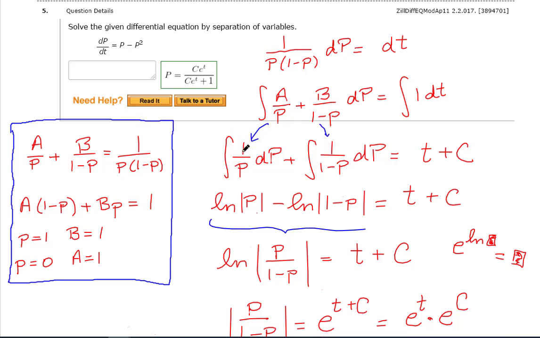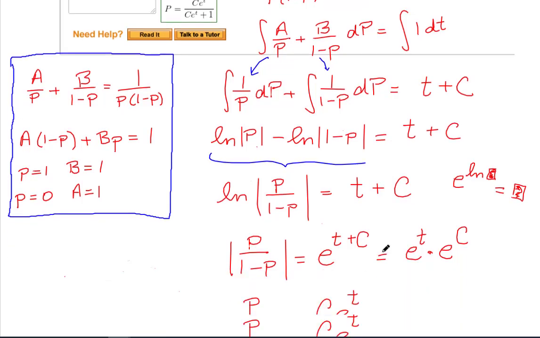Well, the integral of 1 over p is ln absolute value of p. Now this integral, I can let u be 1 minus p. And when I do that and integrate using substitution, I get minus ln absolute value 1 minus p equals t plus c.